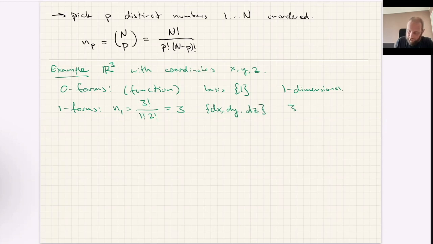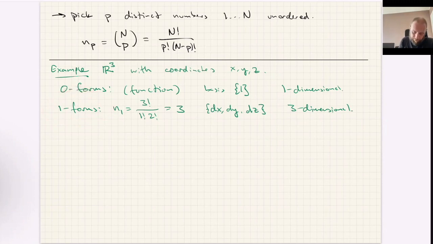So this is 3-dimensional, the set of one-forms in 3 dimensions. And in general, of course, the set of one-forms will have the same number of dimensions as the underlying space itself, because one-forms are just dual vectors.